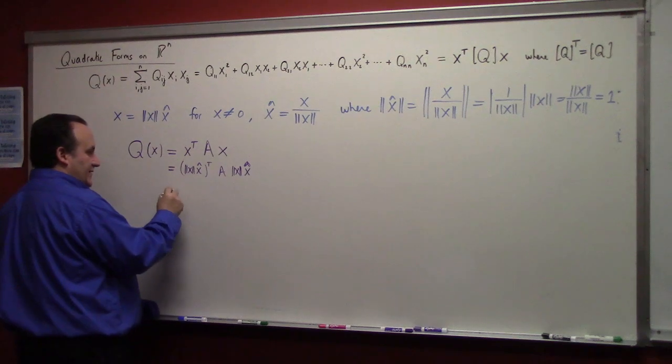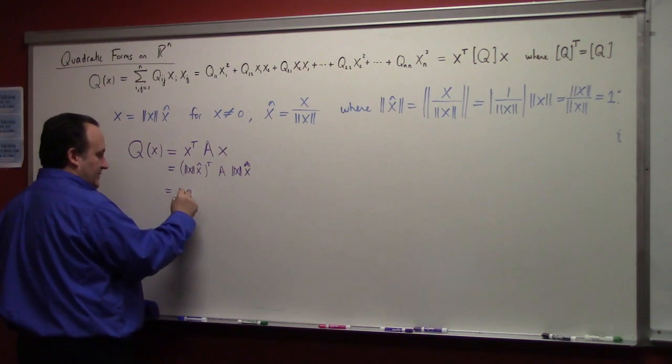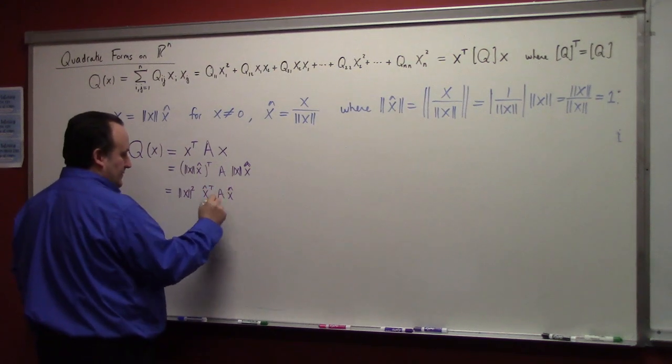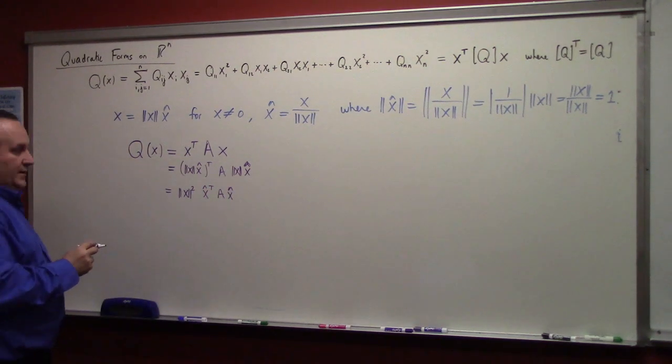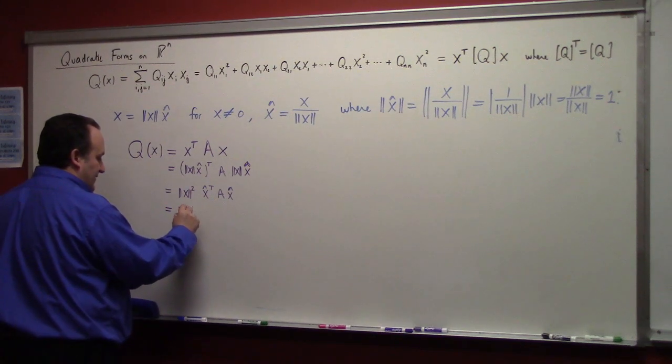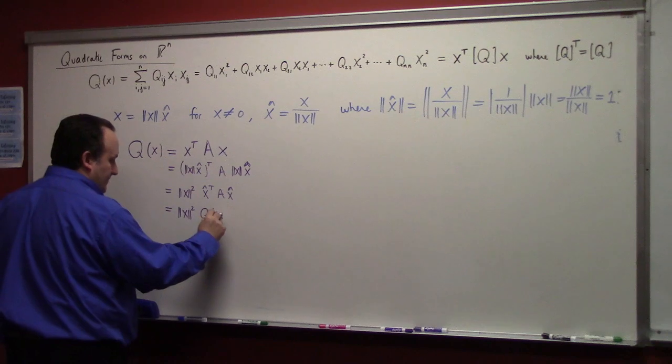In other words, that's the magnitude of x squared times x hat transpose A x hat, which, in terms of the Q notation, is precisely the magnitude of x squared times Q of x hat.